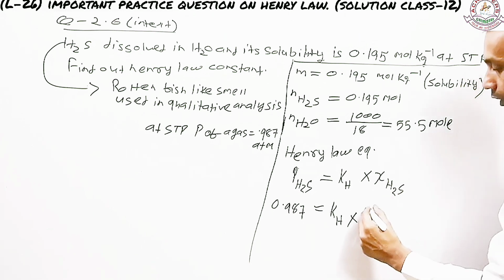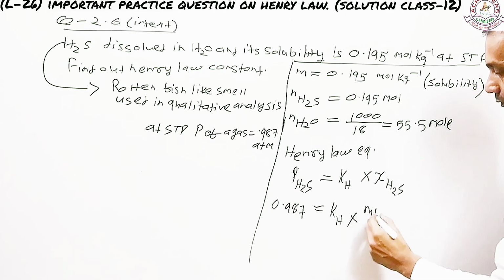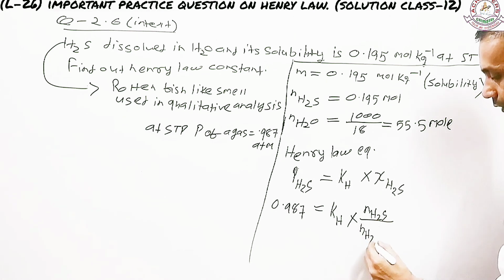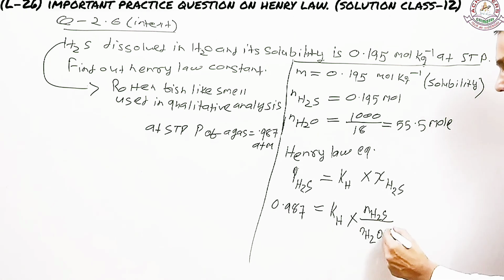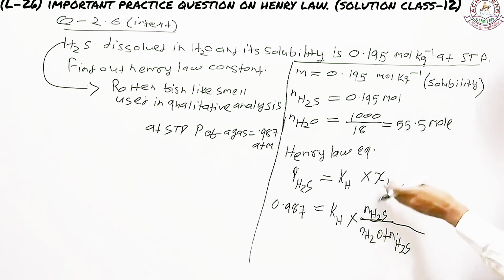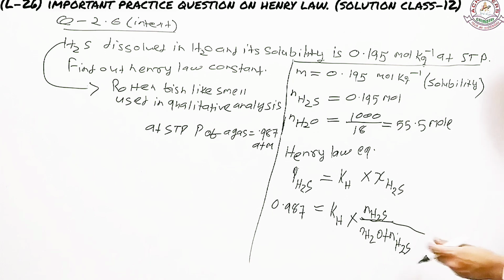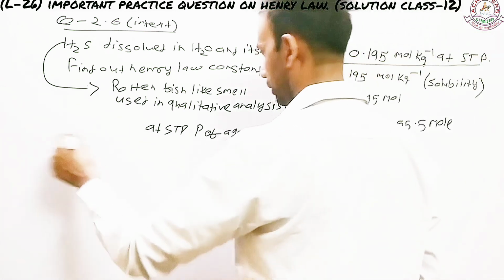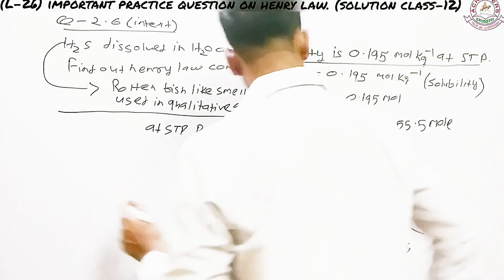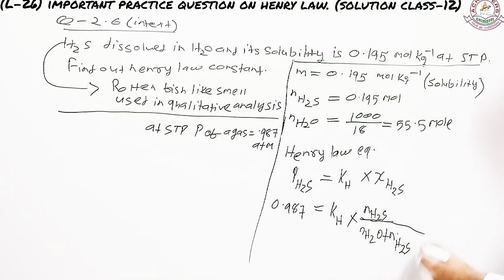So X of H2S is going to be nH2S divided by nH2O plus nH2S. This is the mole fraction of H2S: the number of moles of a component divided by the total number of moles of all the components. Another thing is that I will not be using this nH2S in the denominator.